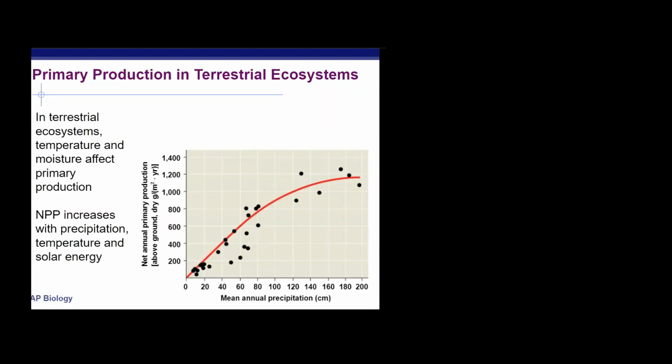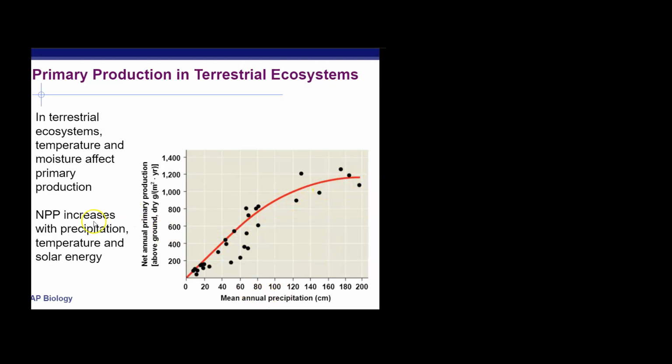So for terrestrial ecosystems, things that limit production are temperature and moisture. So you can see here, as water increases with mean annual precipitation, we have a huge increase in net primary production, so that NPP.